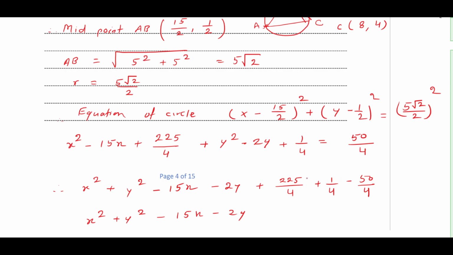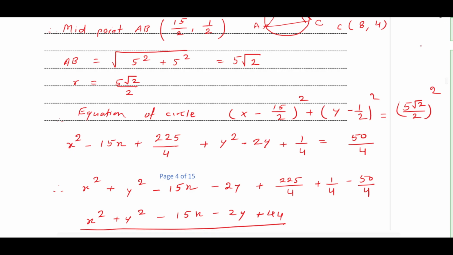When I do this calculation, 225 plus 1 minus 50, we get 176, and that 176 divided by 4 will give me 44. So here it is plus 44. Okay.